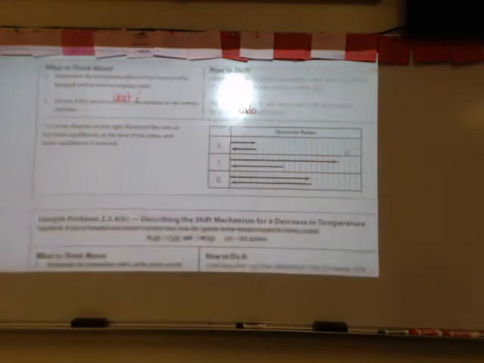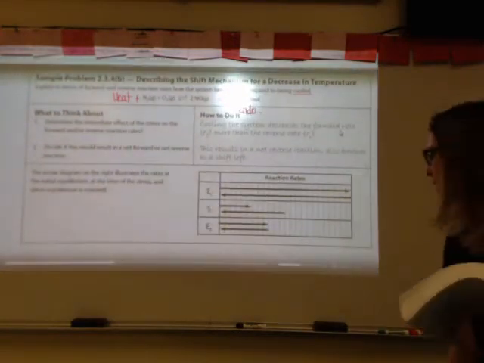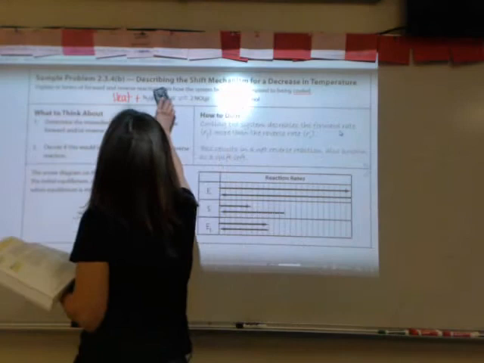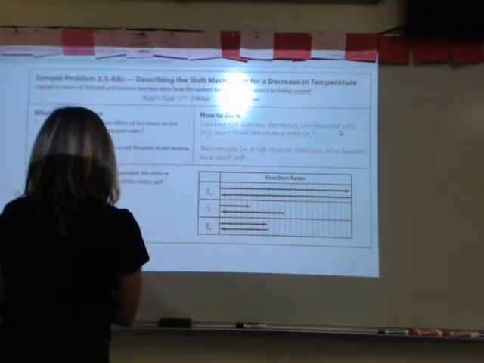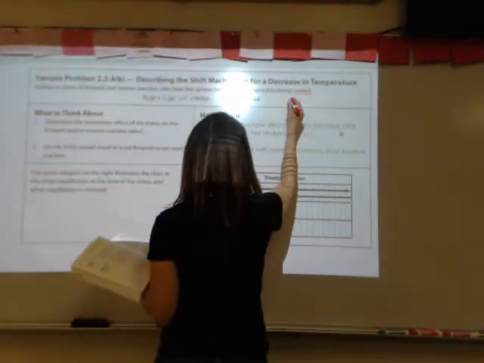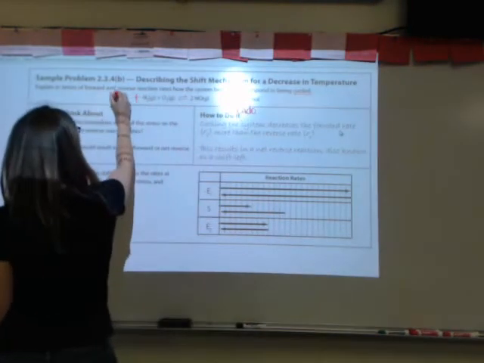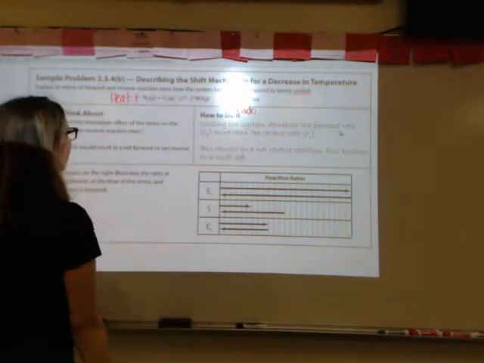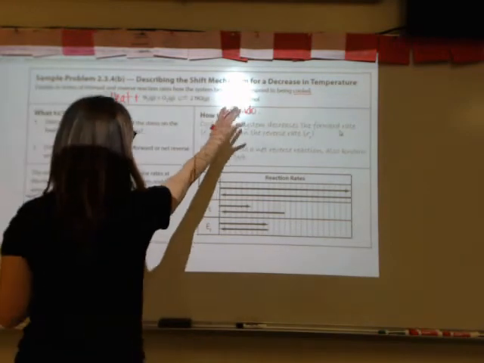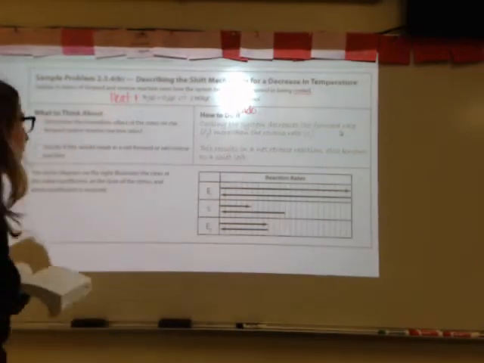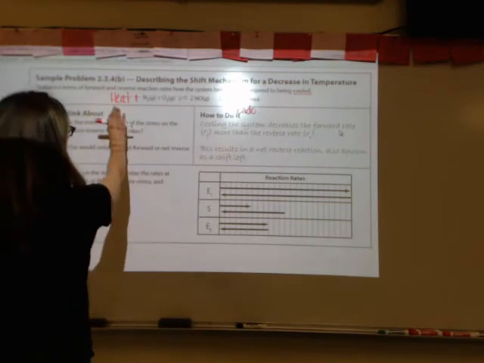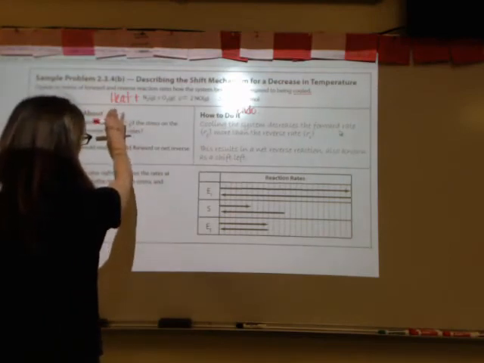If you take a look down here at this sample problem, here we are cooling it. This is an endothermic process. Heat is a reactant. When you cool it, you're removing a reactant, you're removing some heat.